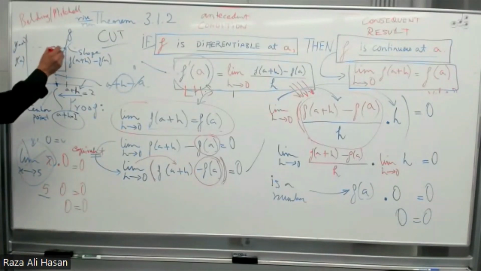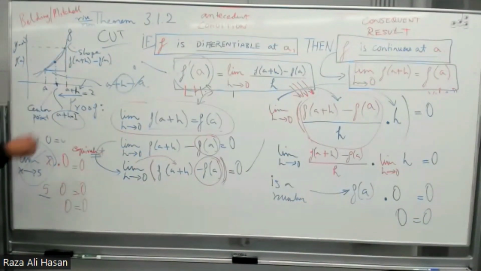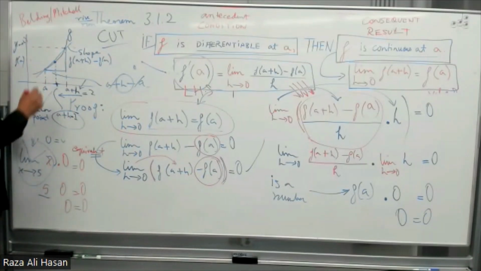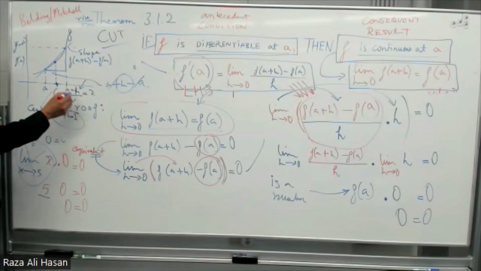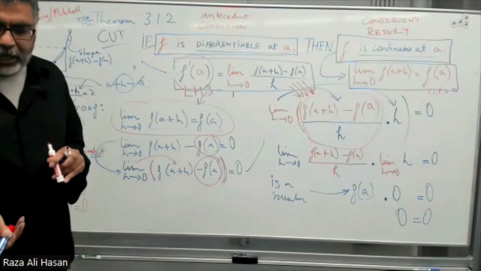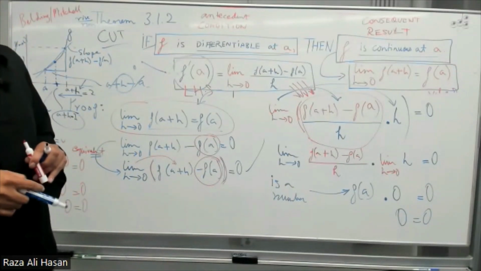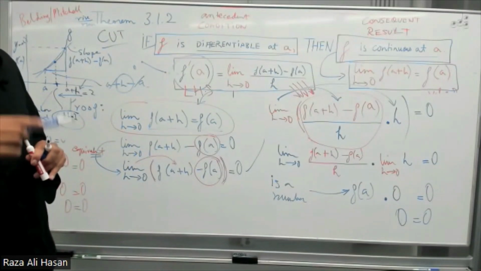So from here to here, the average rate of change of the straight line gives us a pretty good approximation of the average rate of change of the curve. Then if we make H smaller and bring the second point closer, because there is no formula to figure out the rate of change of a curve, but we do have a formula for the rate of change of a straight line.